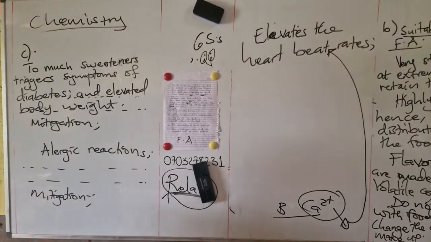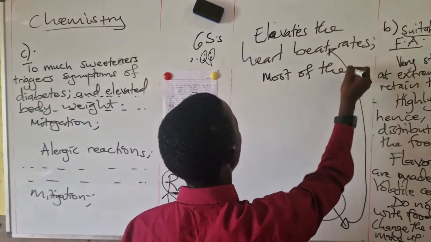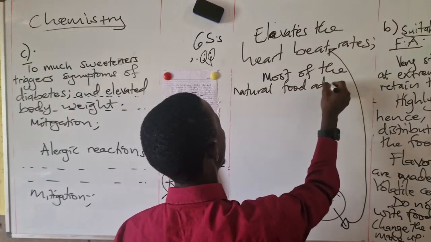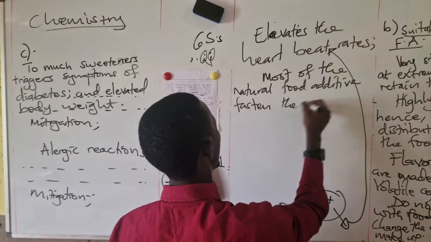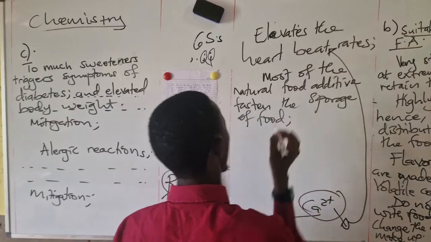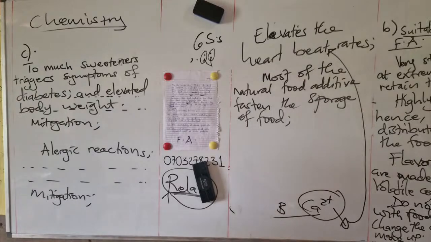So Mary, like you've been told that most of the natural food additives fasten the spoilage of food. Like when you use too much of the tomato in soup, is that where the soup spoils faster? So that was a very good point from Mary. Very good. So we can talk about more and more side effects of use of such food additives.